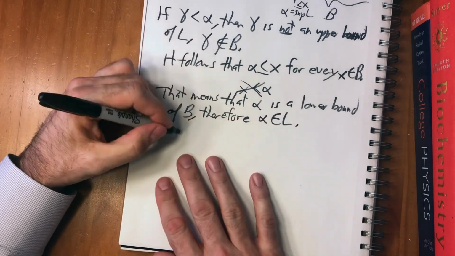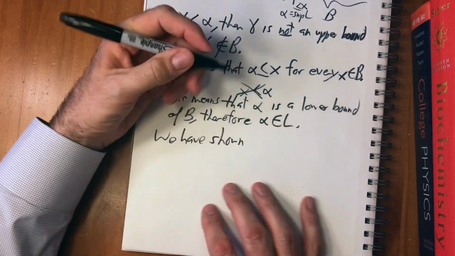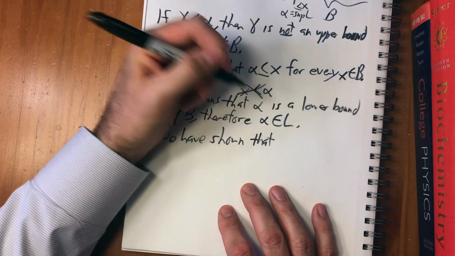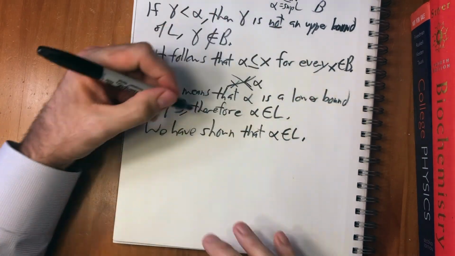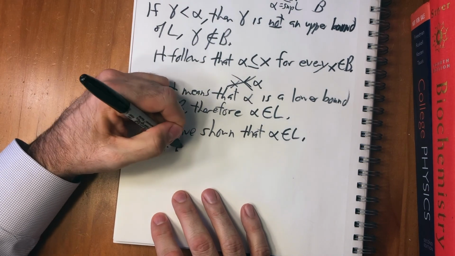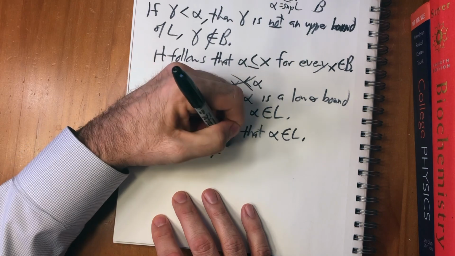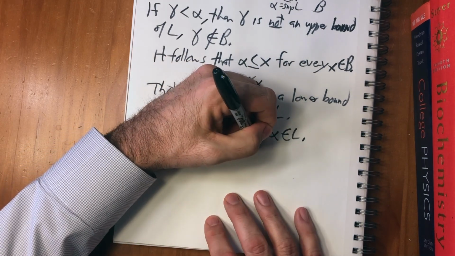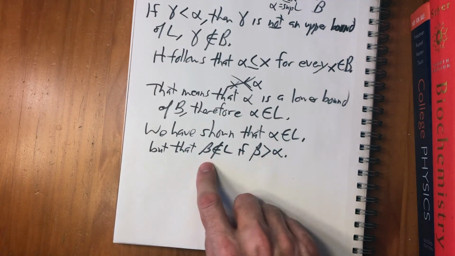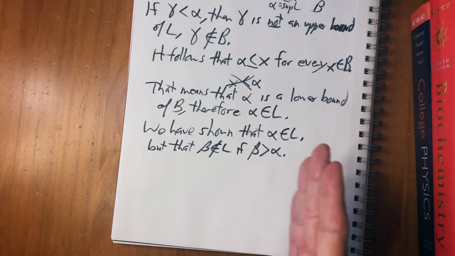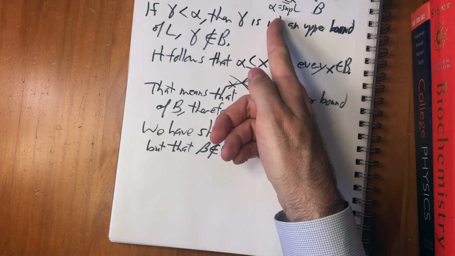So what we've shown here is that alpha is an element of L, but that beta is not an element of L if beta is greater than alpha. It can't be in L because alpha is the supremum, right? So you can't have it bigger. Nothing in L is bigger than this.